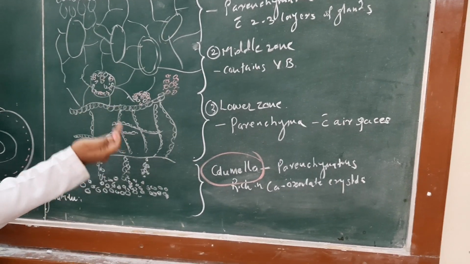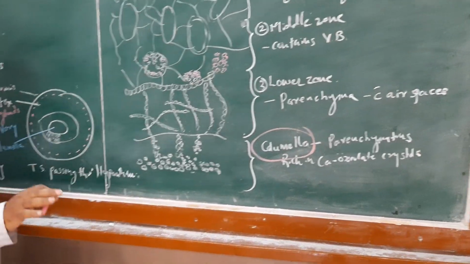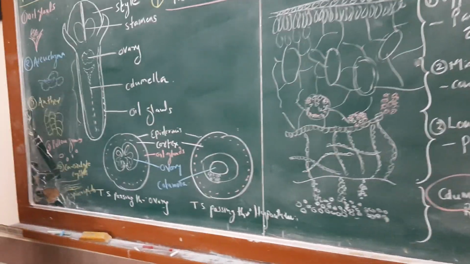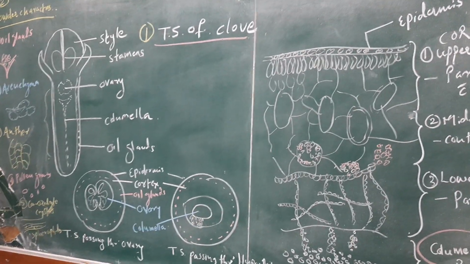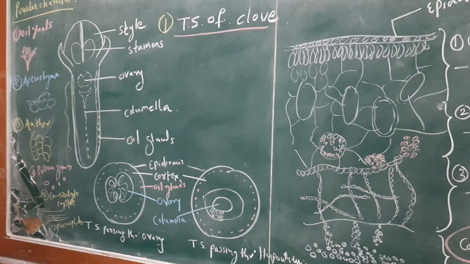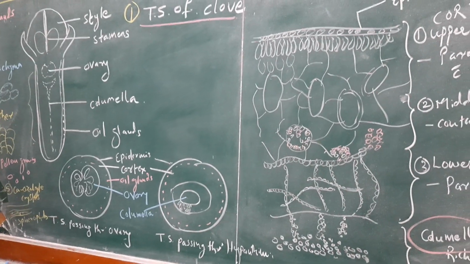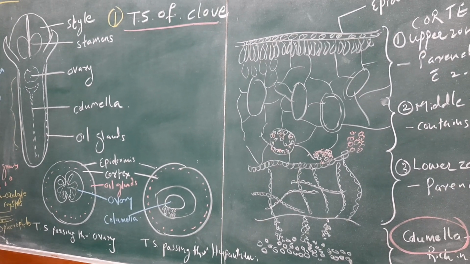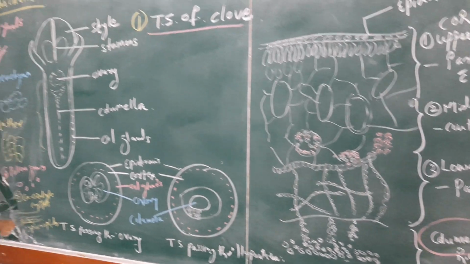Now come to the next point, the powder characteristics of clove. For powder characteristics, you have to go for different staining agents. You use phloroglucinol HCl, picric acid, Sudan red, ruthenium red and picric acid solutions. After that, these are some important powder characters present.